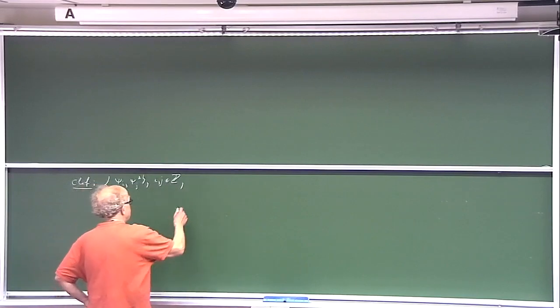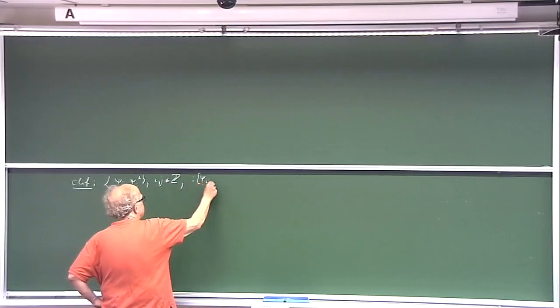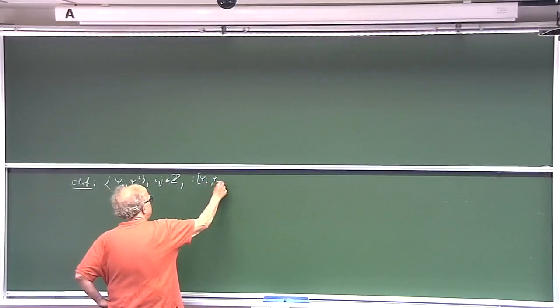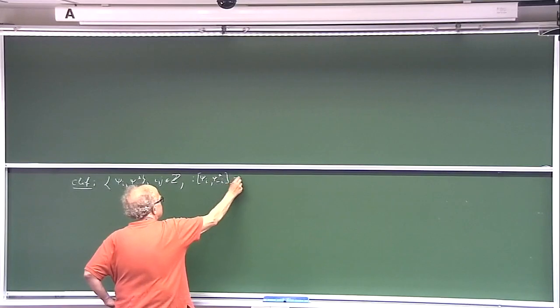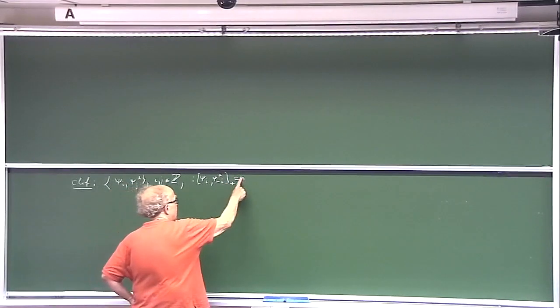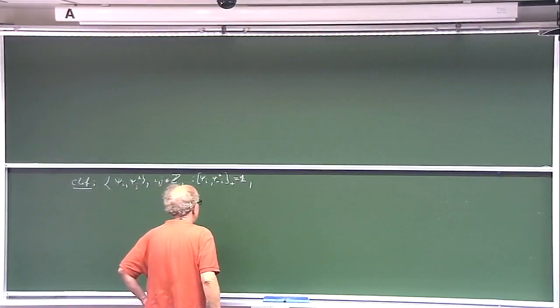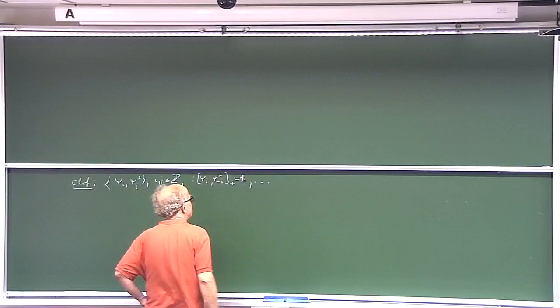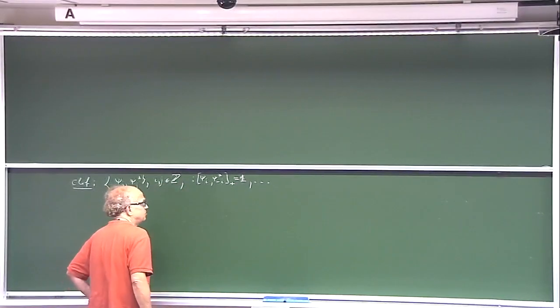The only exception is psi I, psi minus I star plus, which is 1, and all other skew brackets are 0.